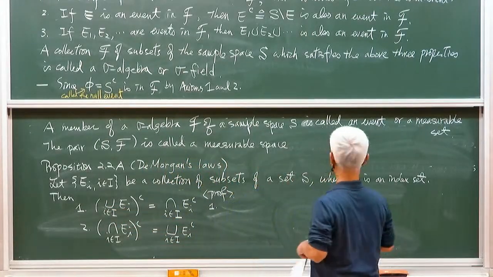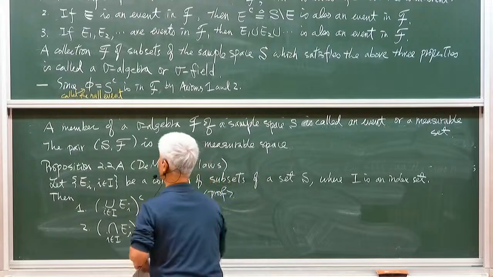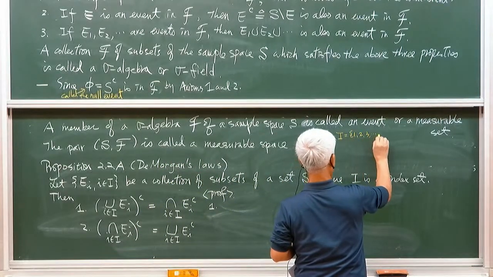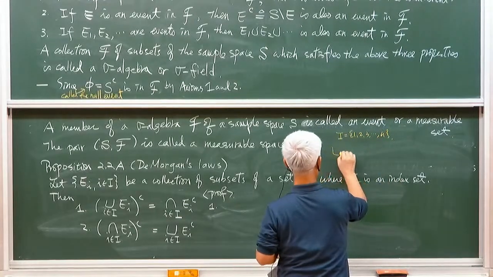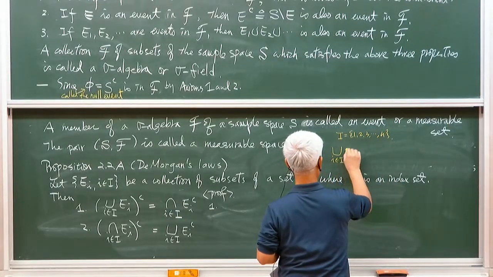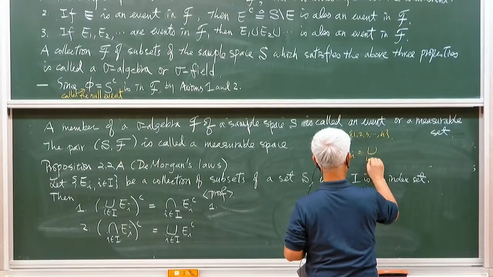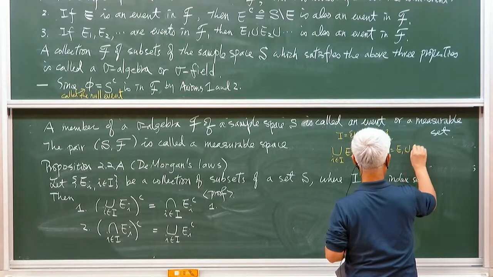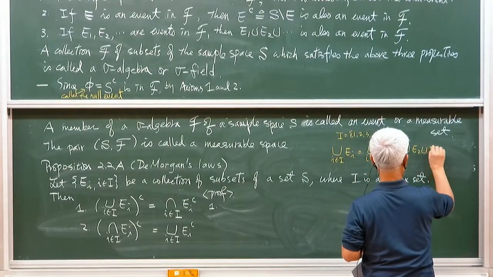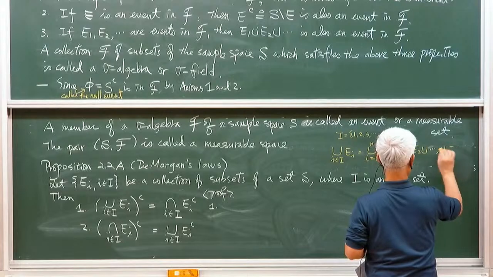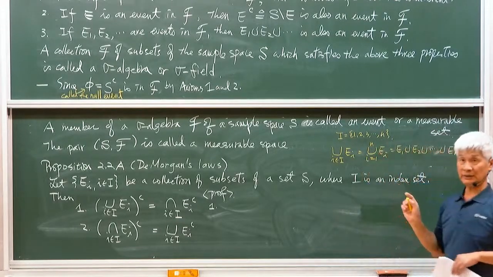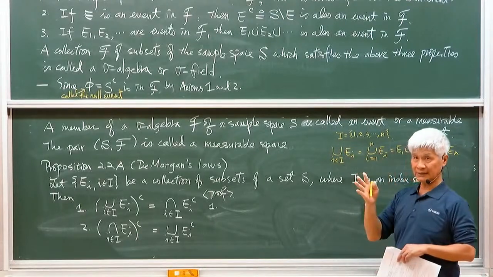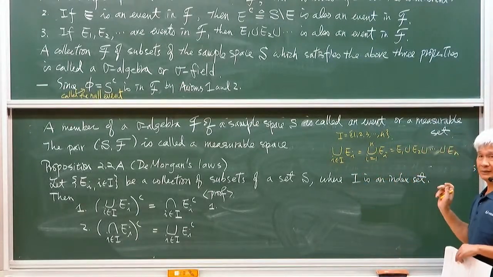For example, if the index set is 1, 2, 3 up to n, so the union of E_i for all i, if the index set is a finite set, becomes this.